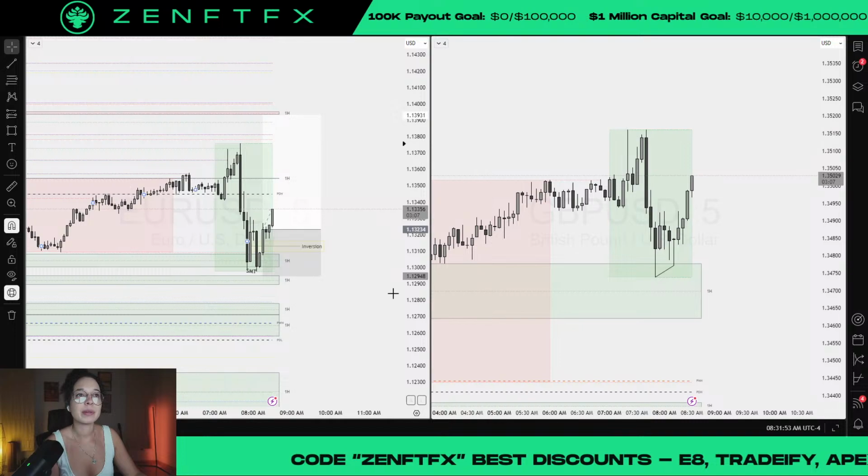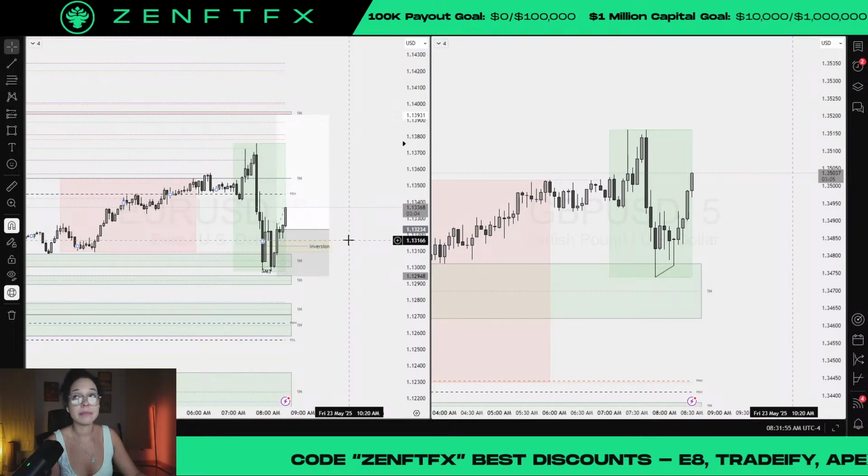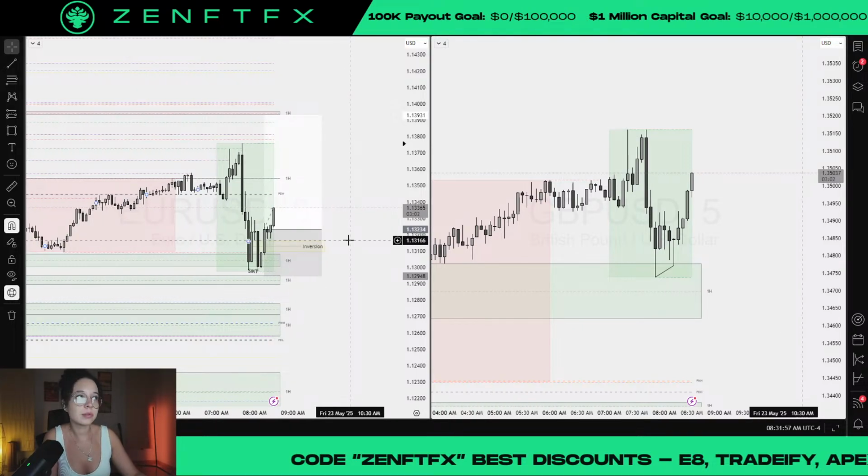What time frames? I'm looking at the 5-minute time frame, but the analysis was done on the hourly time frame.